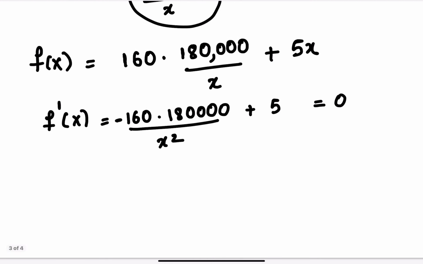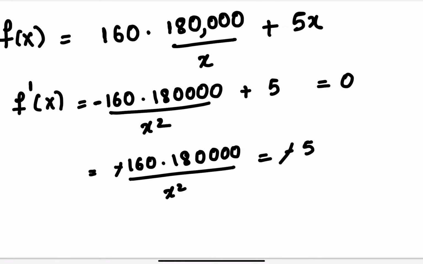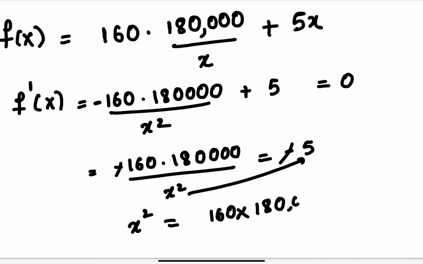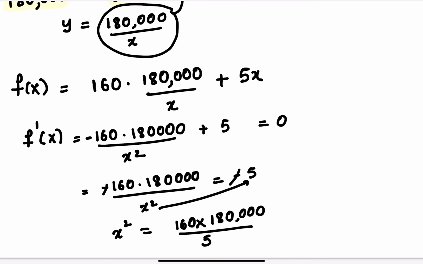So this is going to be negative 160 times 180,000 over x squared is equal to negative 5. The negatives cancel each other, cross multiply. My x squared is equal to 160 times 180,000 divided by 5. And how do I find x?